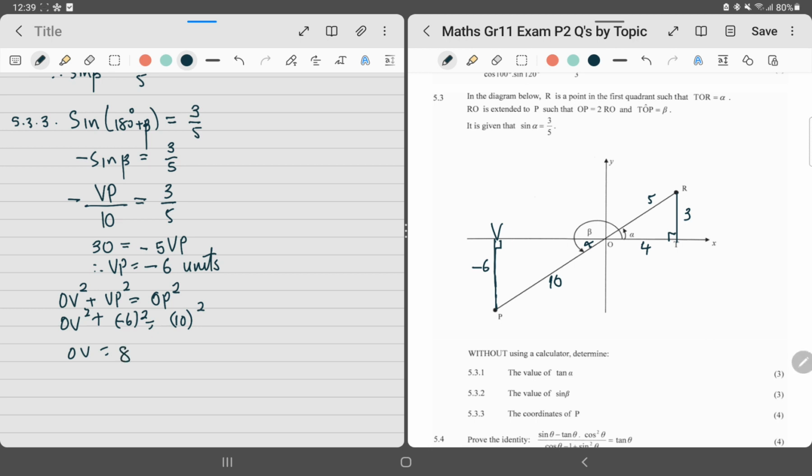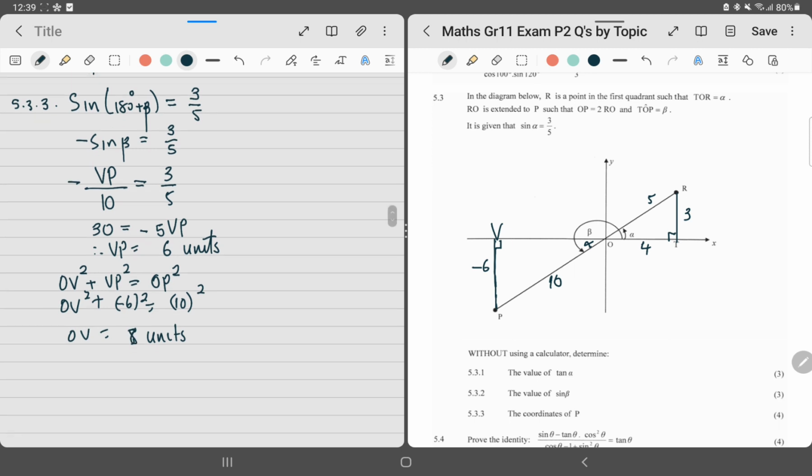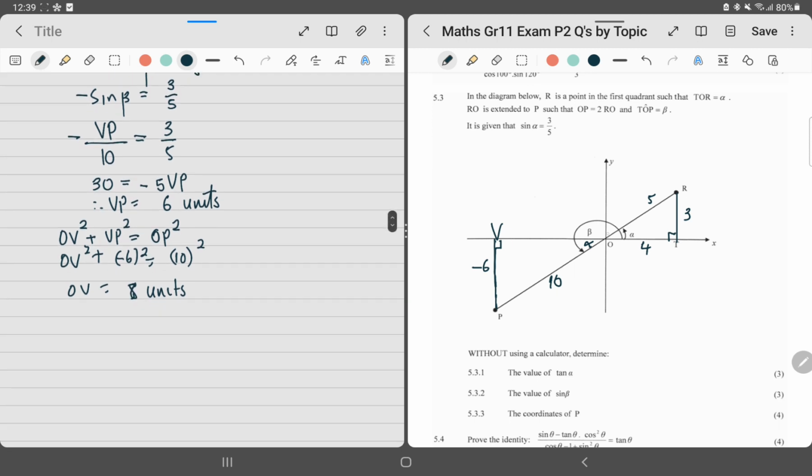So I'm getting an 8. So that's a minus 8. Distance cannot be negative. So this implies that OV is 8, and then VP is 6. So the coordinates of P should be negative 8, negative 6.